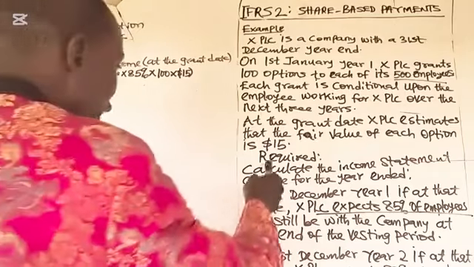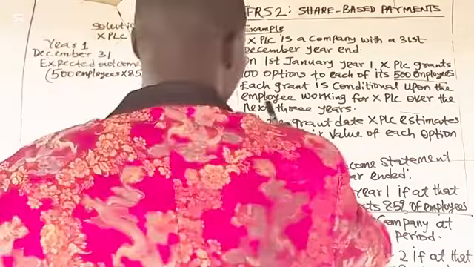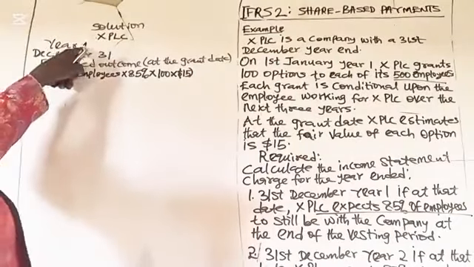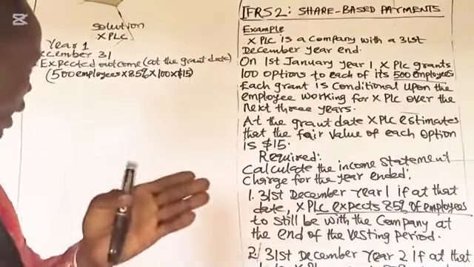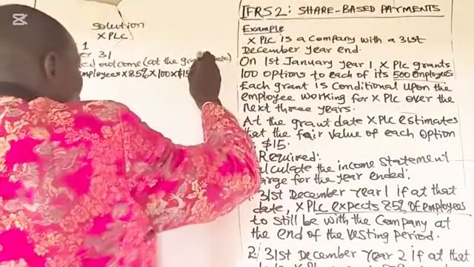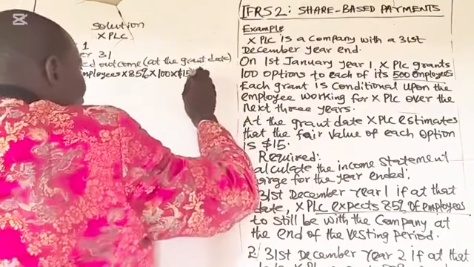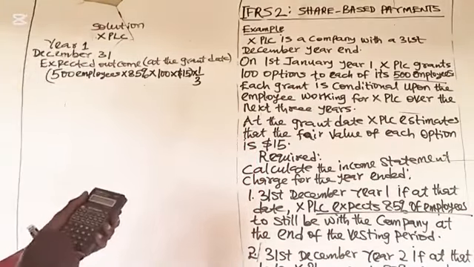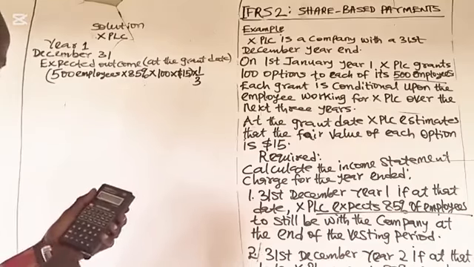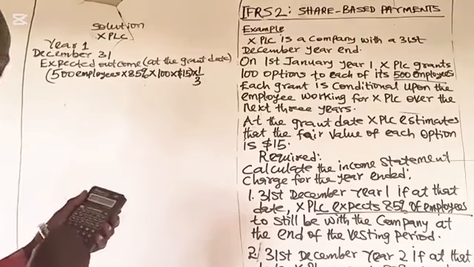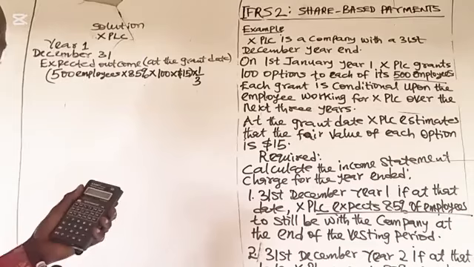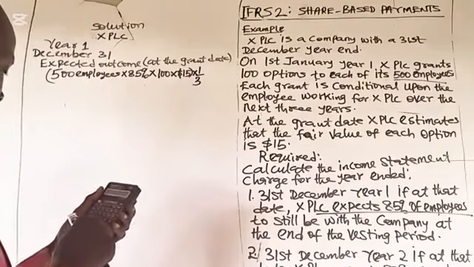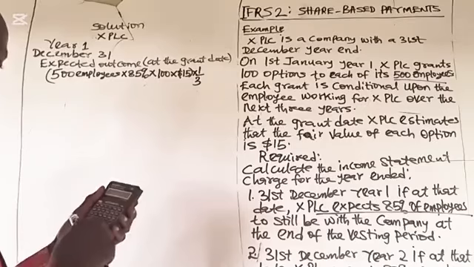Now, how many years is involved? Employee working for XPLC over the next 3 years. This is year 1 out of the 3 years, so you now have times year 1 out of 3 years. We have 500 employees, 85% of that gives us 425 employees, times 100 options, you have 42,500, times 15 divided by 3.